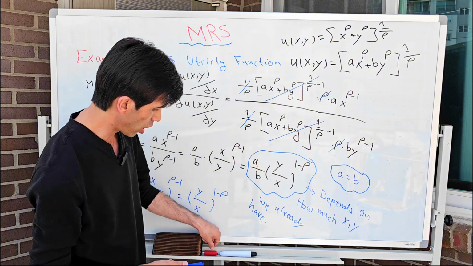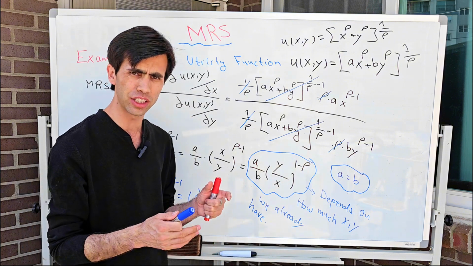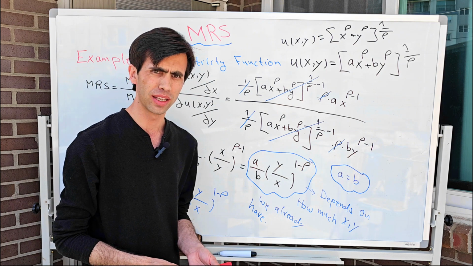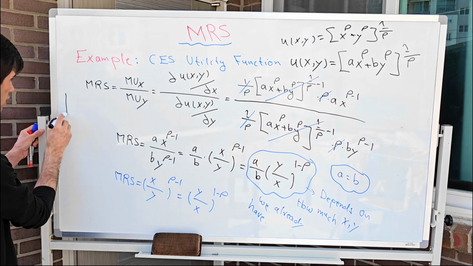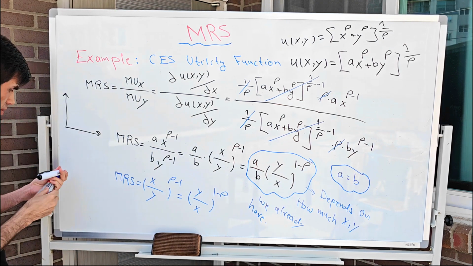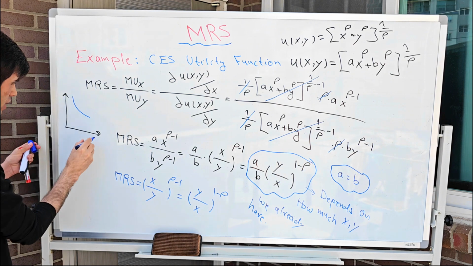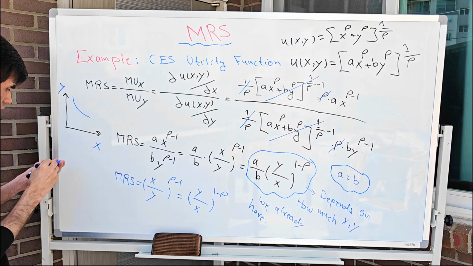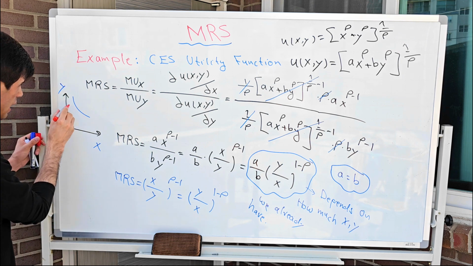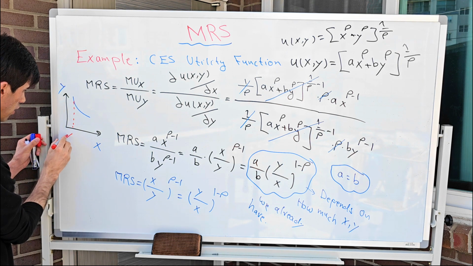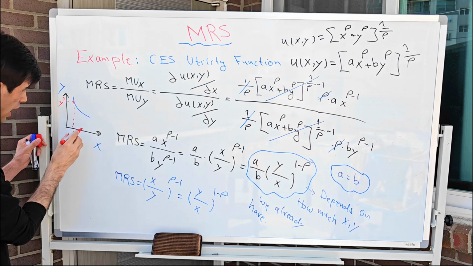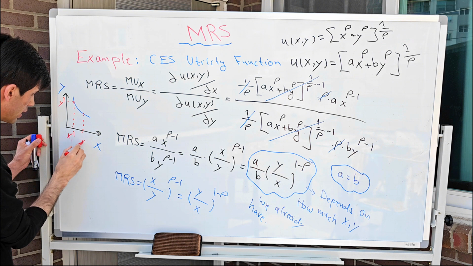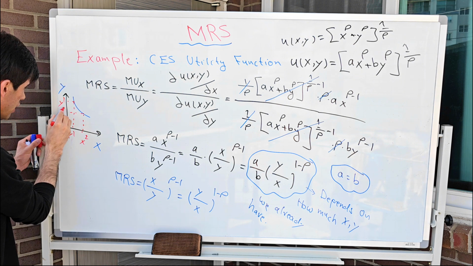So the marginal rate of substitution will be different at different locations on our indifference curve. For example, suppose this is our indifference curve, this is X and this is Y. If X and Y is here, for example, this is X1, this is Y1, and this is X2 and this is Y2.